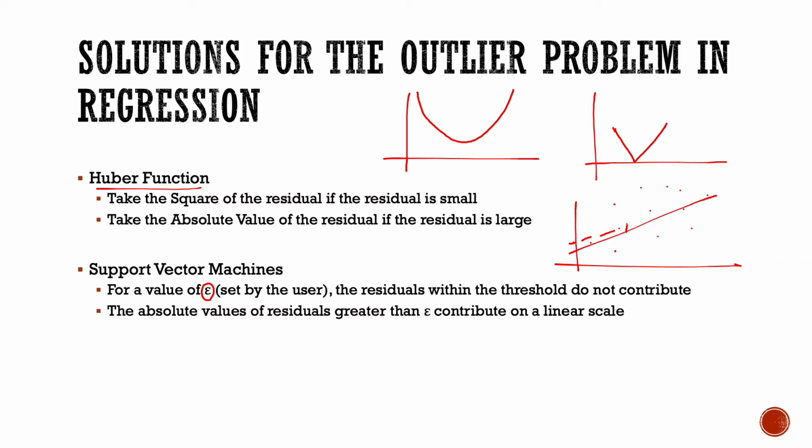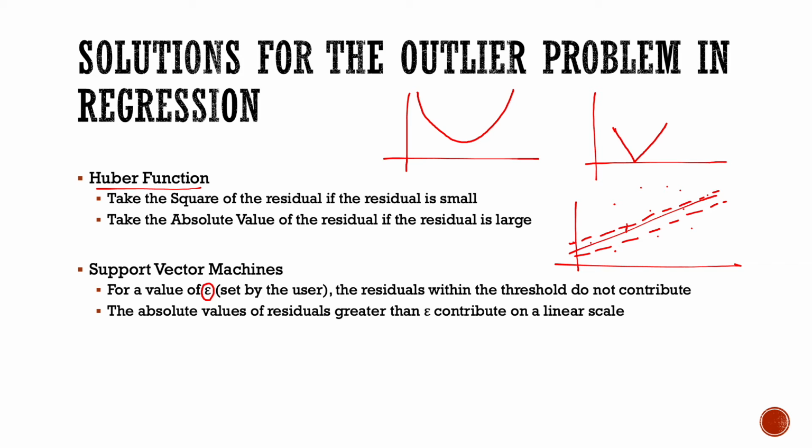So I will make a boundary like this around my regression line and say that only points outside this boundary can impact my regression line. So I will take an epsilon such that the residuals which are smaller than this epsilon value will not be considered for contributing to my linear regression equation.